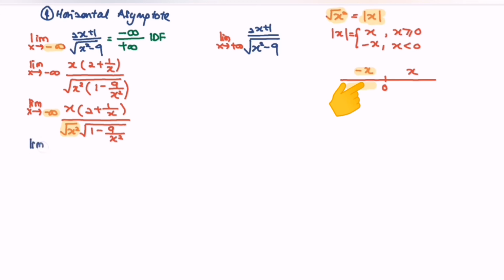Limit when x approaching negative infinity, we have x bracket 2 plus 1 over x over negative x, because x approaching negative infinity, or we can say towards the left.